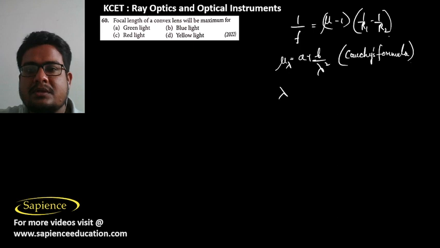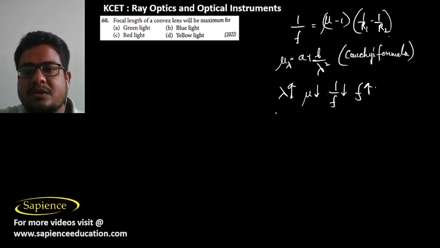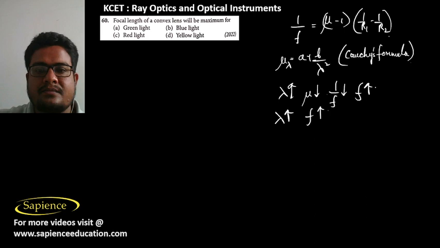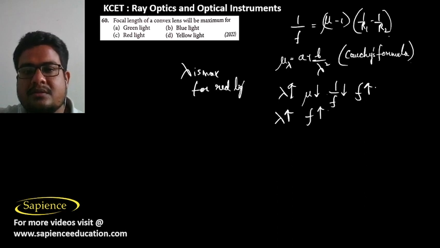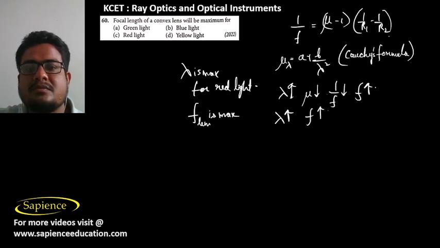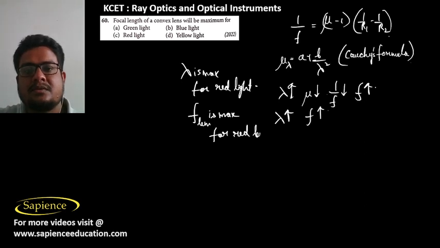When the wavelength increases, the refractive index will decrease. When the refractive index decreases, 1 by f will decrease, which means f will increase. That means when the wavelength increases, the focal length increases. The wavelength is maximum for red light. So the focal length of the lens also will be maximum for red light. So C is correct.